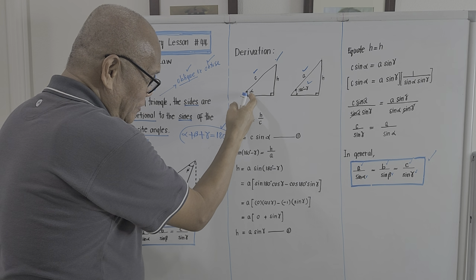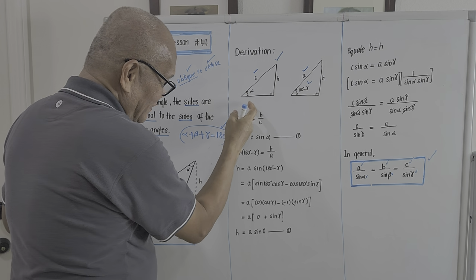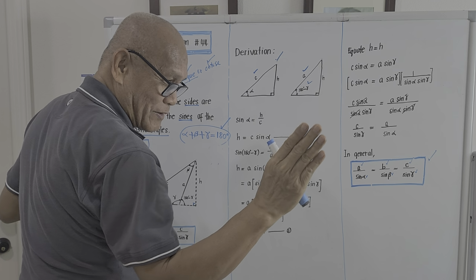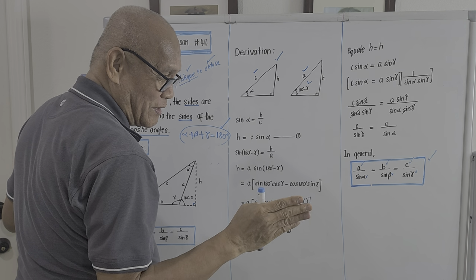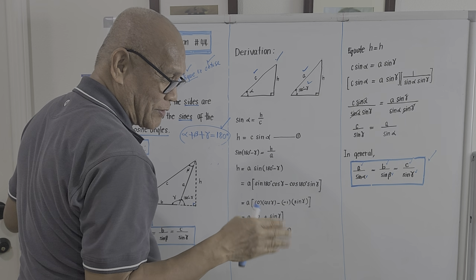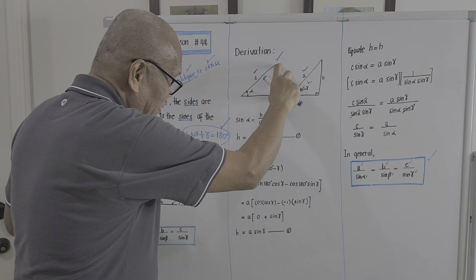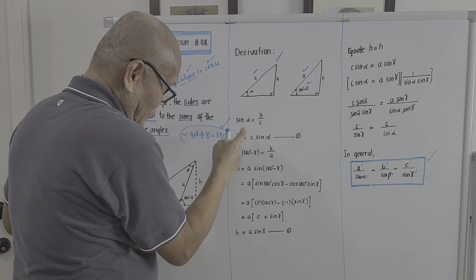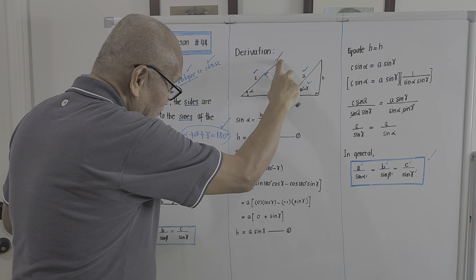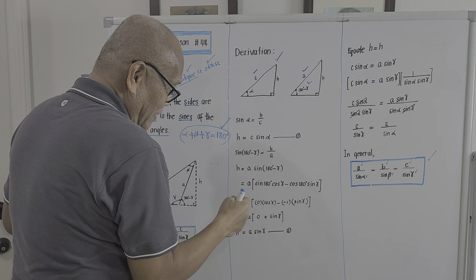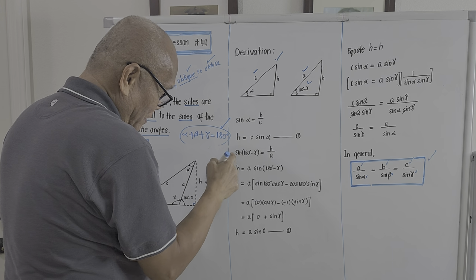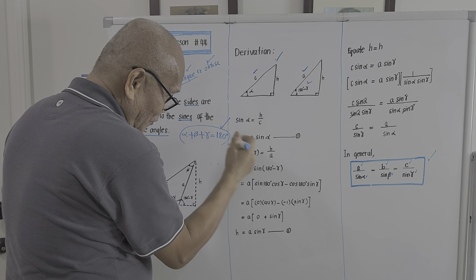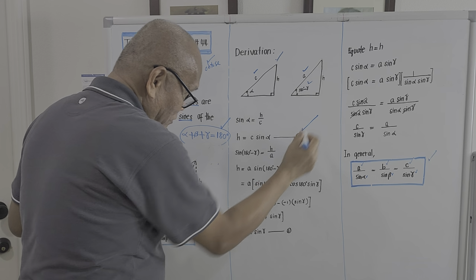So sine is actually opposite over hypotenuse, right? So sine of alpha will be h over c, okay? And if we try to compute for h, h will be c sine of alpha. We call that equation number 1.